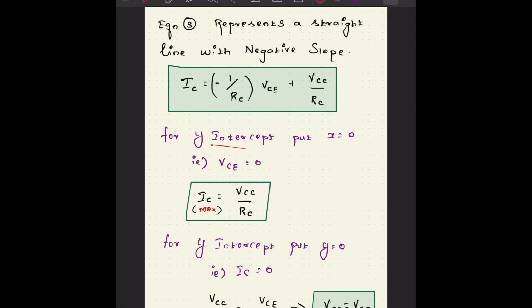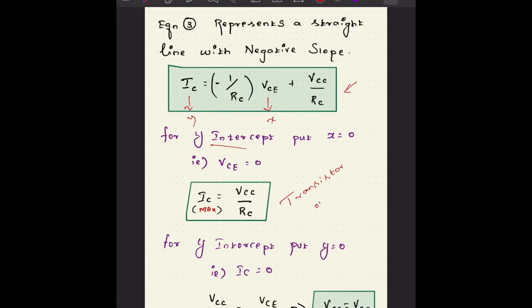Here IC is y and VCE is x. So we substitute VCE equal to 0, and the equation becomes IC is equal to VCC by RC. This is the maximum current flowing through the transistor, on the collector or output side.